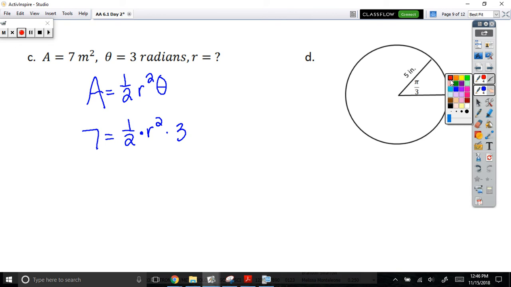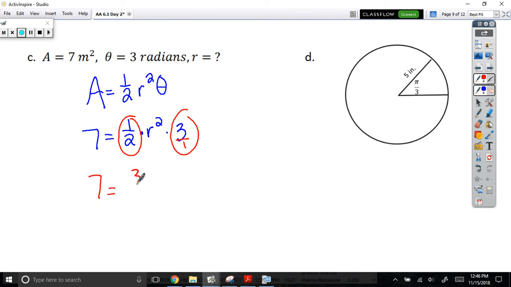Combine the like terms. Okay, so we have 1/2 times 3, which I'll put as 3/1. Remember, the multiplication property is called commutative. You can change the order. So this will get me 3/2 times r squared. Now if you're using a calculator, you get 1.5, and then you can just divide by 1.5. I'm going to do this without a calculator up here, at least to start out.